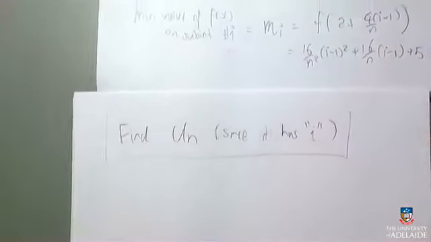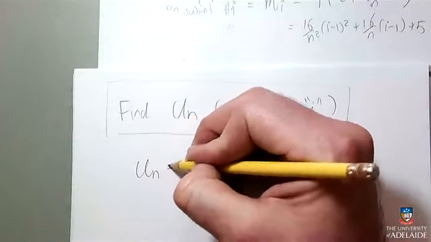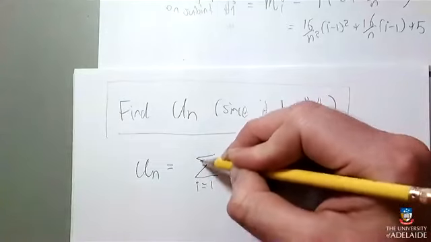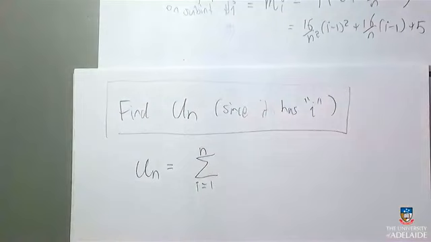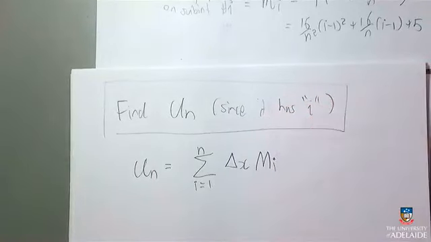Okay. So the upper sum is the sum from i equals 1 to n. Now those i's are referring to which subinterval we're up to so far. And on each subinterval you calculate the area of a rectangle. And the rectangle is delta x wide and capital Mi high.